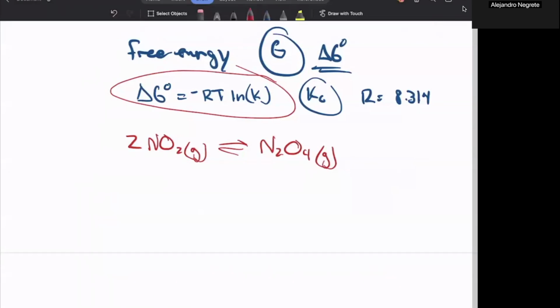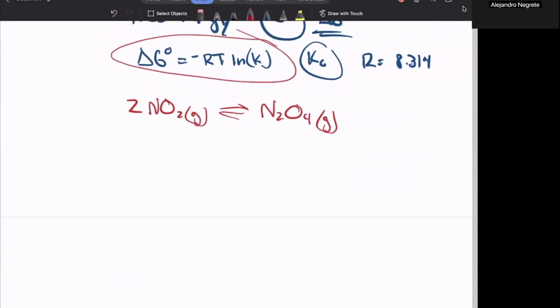Now, in order to determine this, we can look in the back of the book. There are a couple of different ways to look at this. There is another equation for delta G where we figure out what the enthalpy is and what the entropy is, by taking the sums of the entropy minus the sums of the enthalpy.